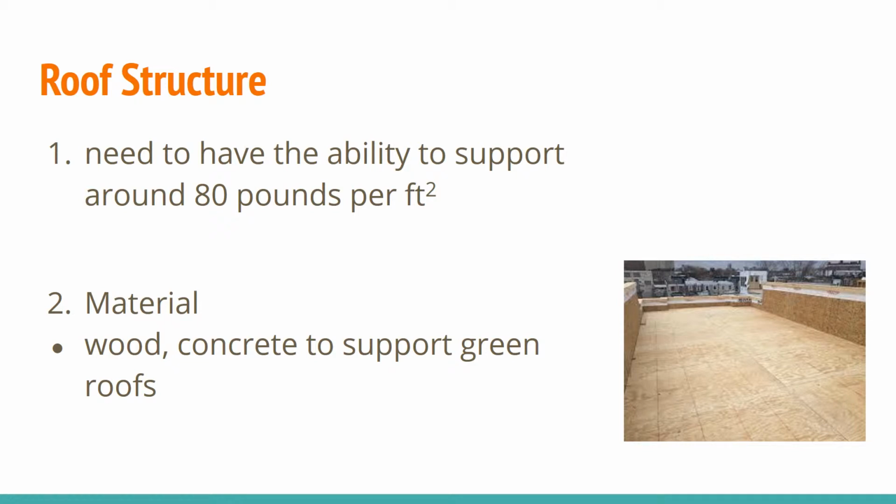The roof structure is required to withstand around 80 pounds per square foot. It is mostly made of wood or concrete to support the green roof, and plywood decks are usually used for making the roof structure board. Now, Tony is going to talk about the feasibility of greening.